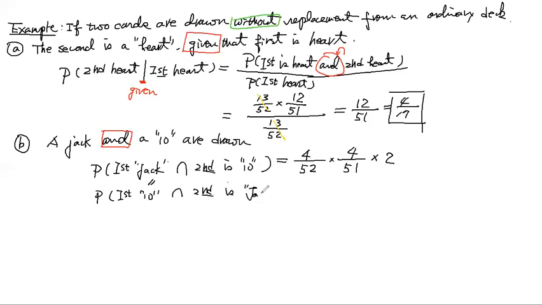The problem just tells you it's a jack and a 10, so they did not tell you which one is which. So you add these two together. It's the same, so you times 2 because you have 2 situations here.